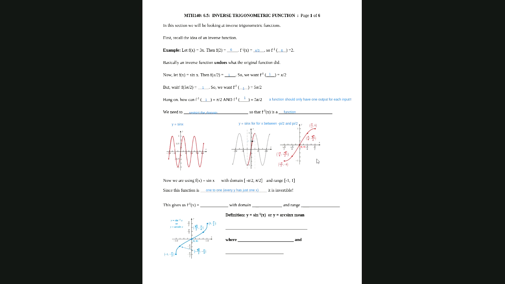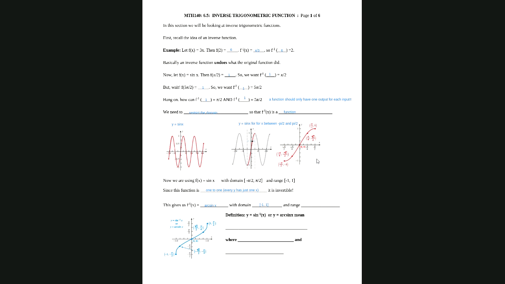So this is f of x, and there are two different ways we can write its inverse. We can write arc sine x, okay? Or we can write sine inverse. And it has the domain negative 1 to 1.